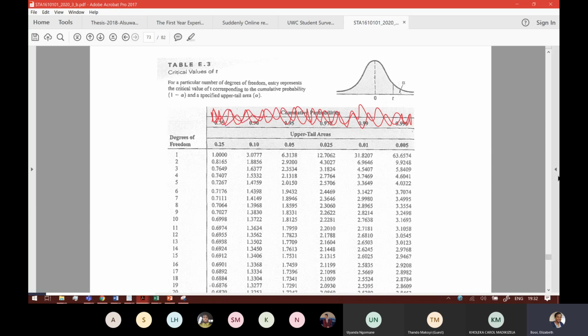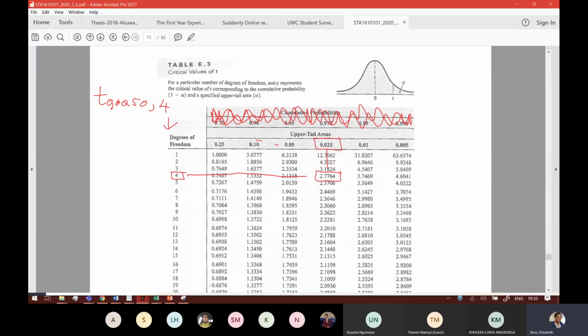You're only going to use the upper tail area critical values and your degrees of freedom here. Remember, we're looking for T 0.0250 and our degrees of freedom of 4. So we go to the degrees of freedom of 4 and look for 0.025 at the top. Where they meet, that will be your critical value.